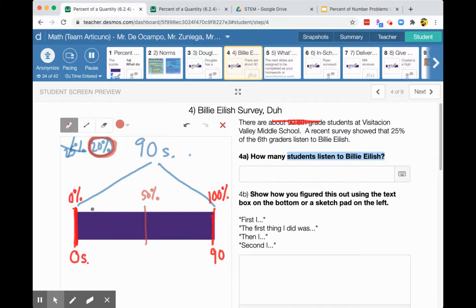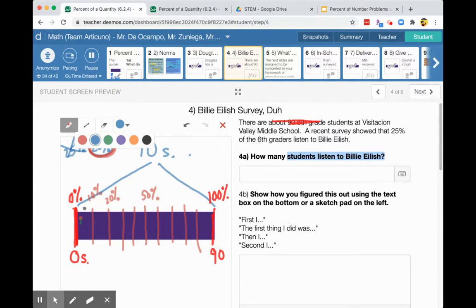Now I'm going to cut these into 5. 10, 20, 10, 20, 30, 40, 50, 60, 70, 80, 90. And I know that each of these pieces represents 10%.